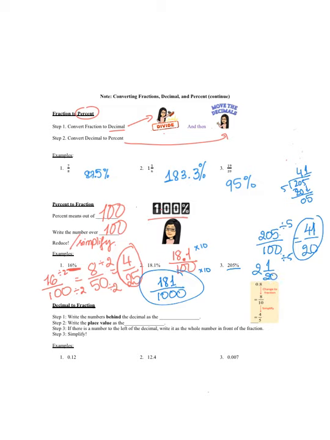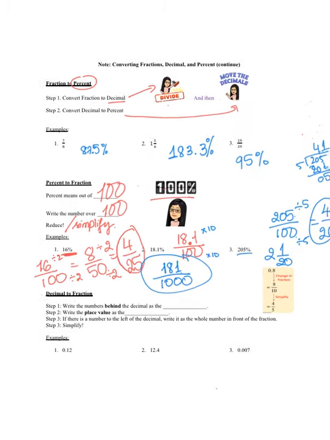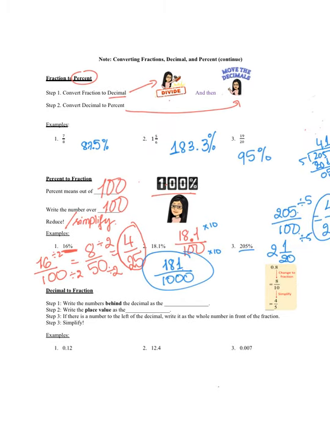Number 3, you're gonna convert decimal into a fraction. So this is the hardest part, okay? So just follow me. You will be awesome. Okay. Decimal to fraction. Write the numbers behind the decimal as the numerator.